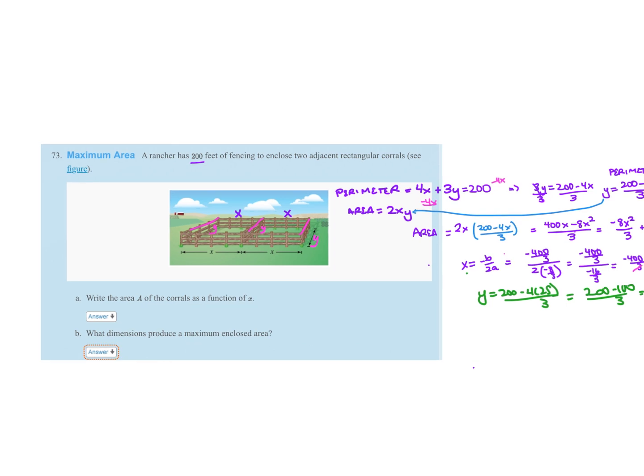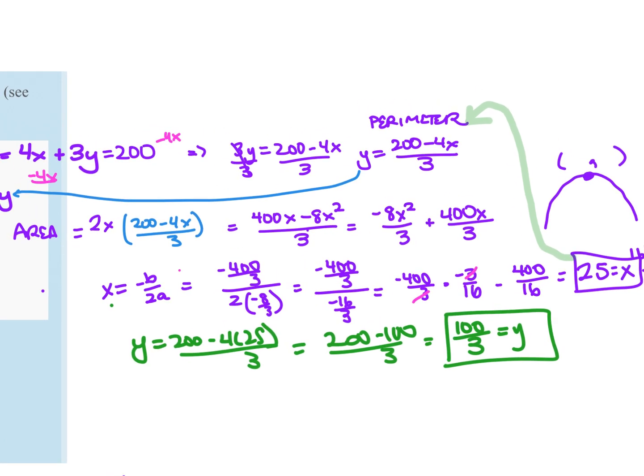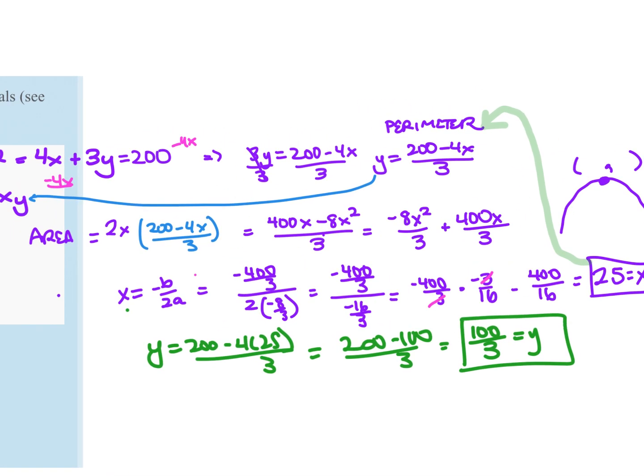And we did solve for our part A, write the area A of the corral as a function of x. So that formula is either this formula here or this formula where it's separated out. Either one is fine.